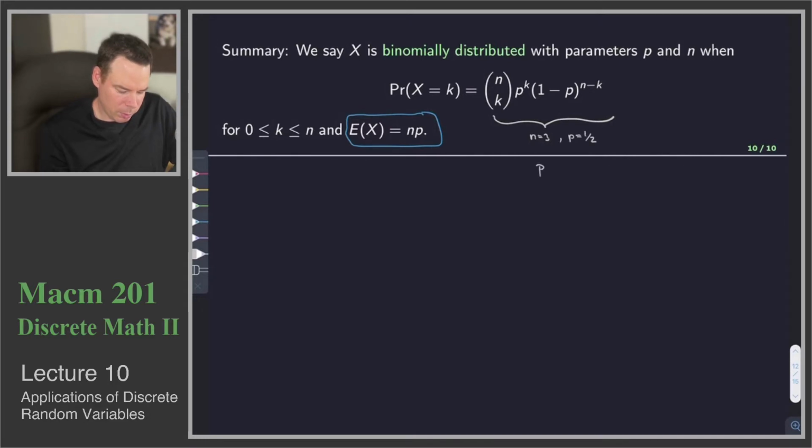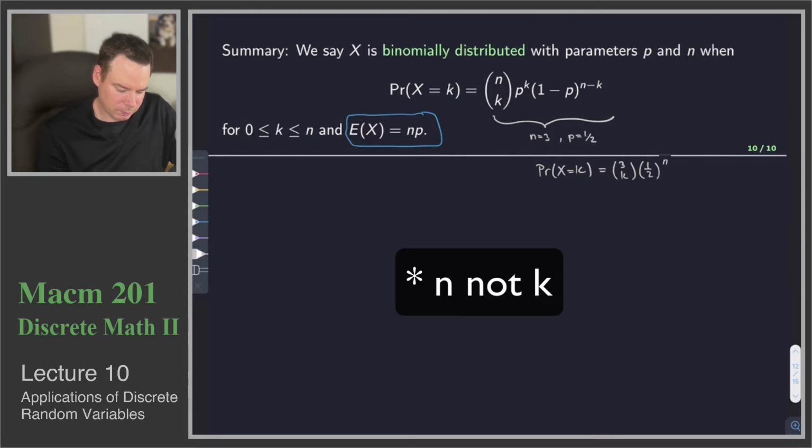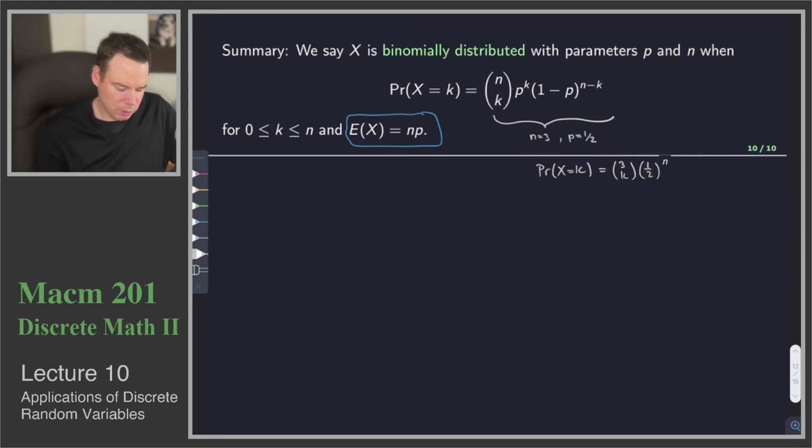So our probability that x is equal to k was 3 choose k times 1/2 to the k. And in this case, the expected value should be n times p. N is 3, p is 1/2, so we should get a value of 3/2. And that's what we did get straight from the formula.